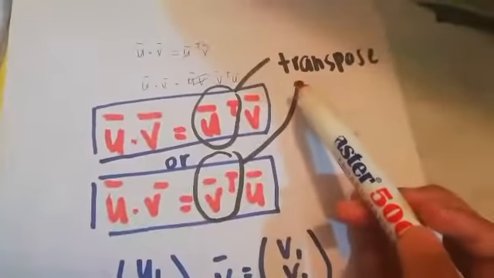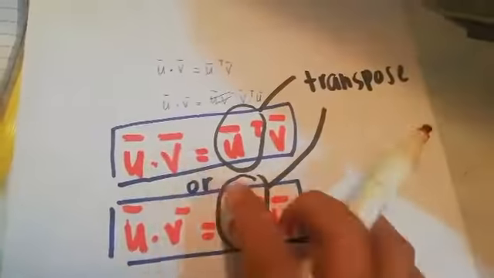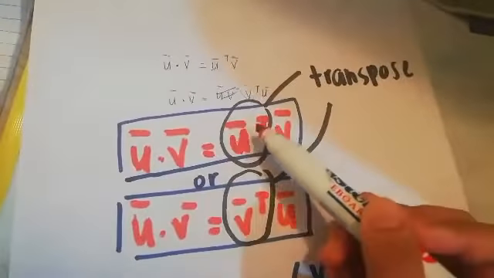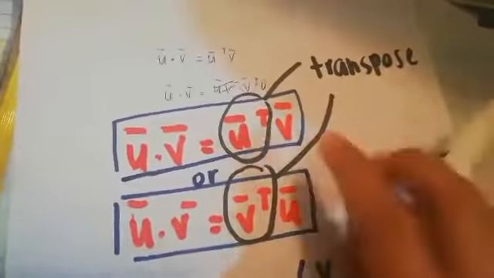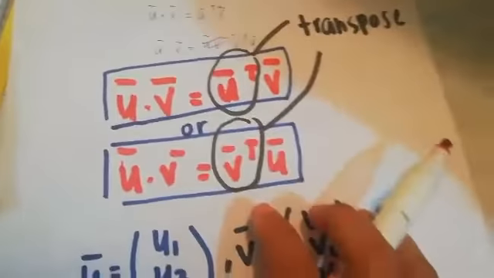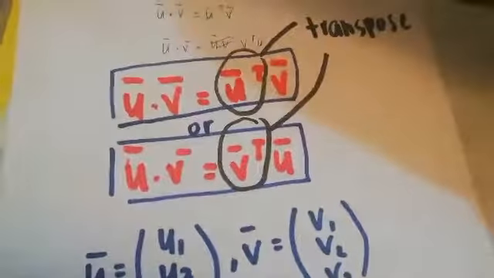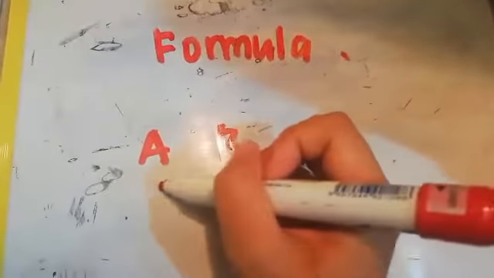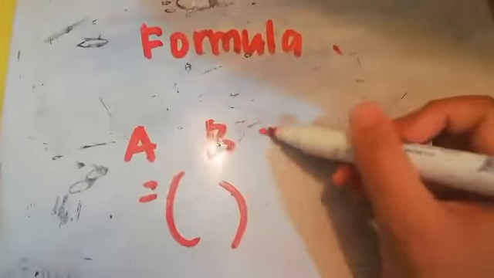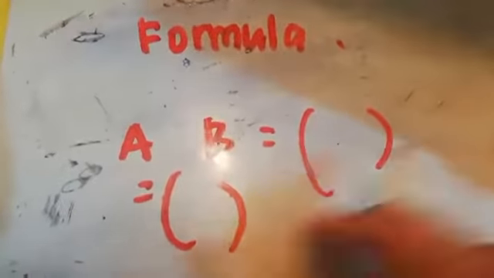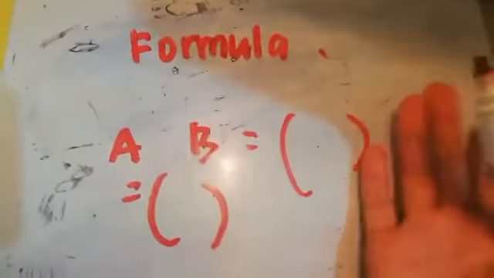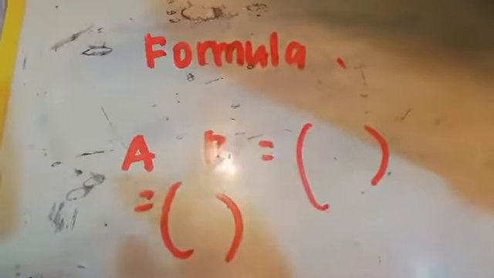The second difference is of course the formula. When I did the vectors just now, for the dot product you have to transpose either vector u or vector v. So it is different in terms of formula, because if you have matrices A and B, you can just multiply them without transposing.